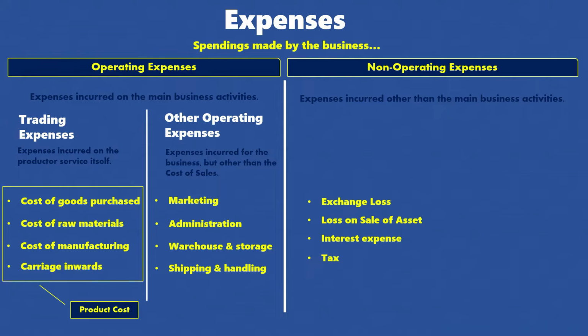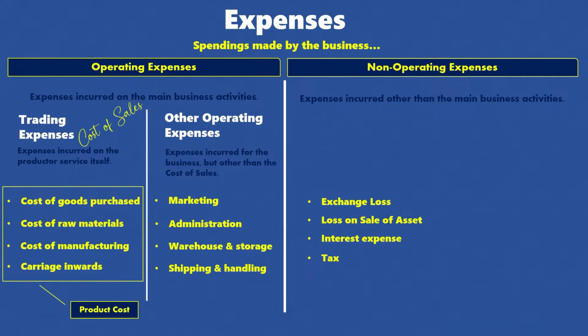One very important point that we must keep in mind here is that trading expenses are usually referred to as cost of sales, and in the case of manufacturing and trading organizations, this is also referred to as cost of goods sold.